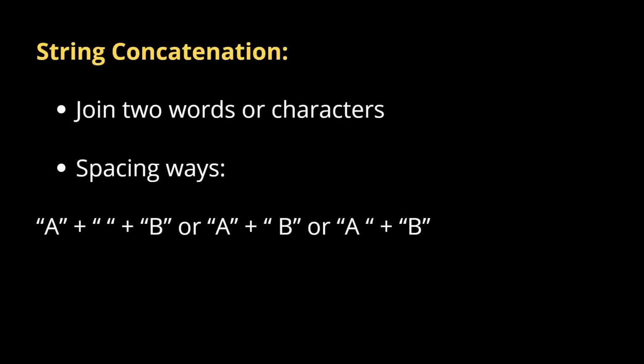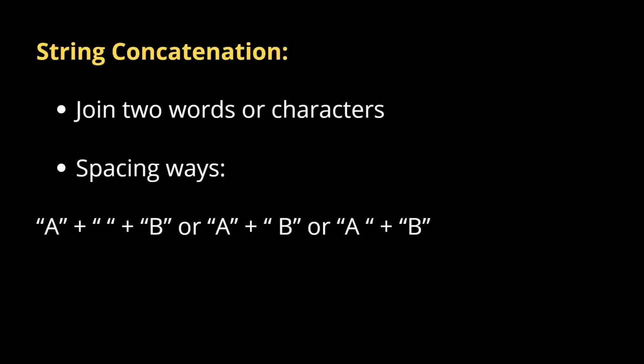Now I will tell you about string concatenation, but before moving to that, I hope that you have attended the quiz, which was mainly about naming. Now concatenation. For this, we can join any strings or words, as you can see at the front. Either you can use A in inverted commas, plus inverted commas with a space in between, and then inverted commas and B. This will create a space.